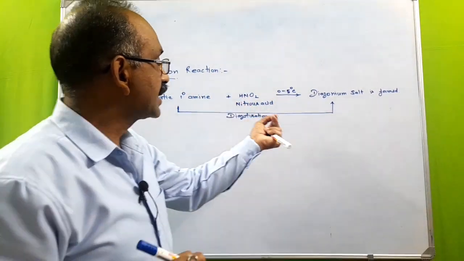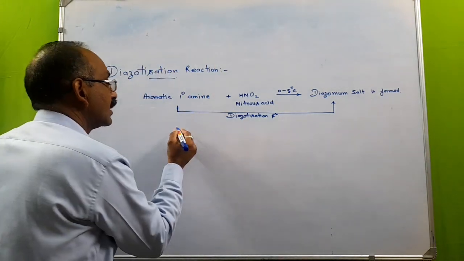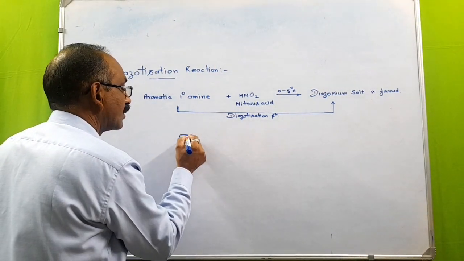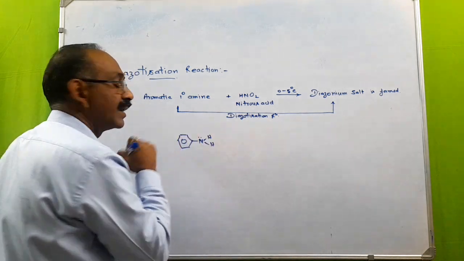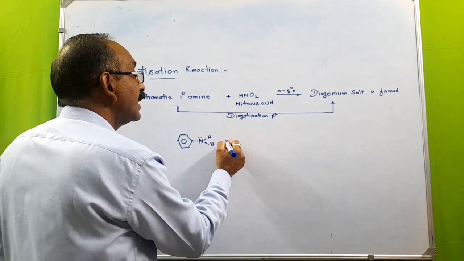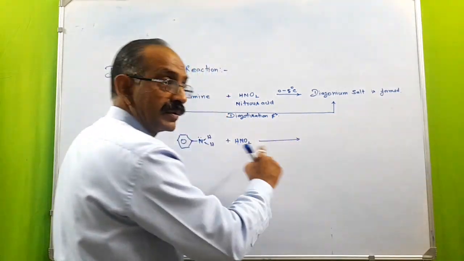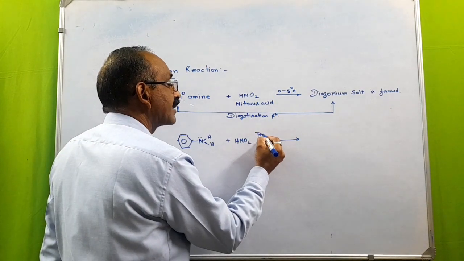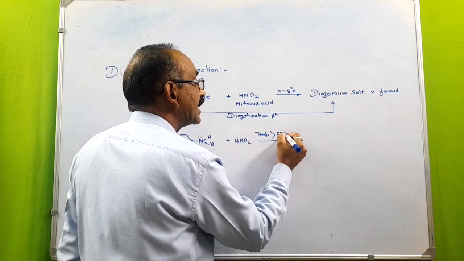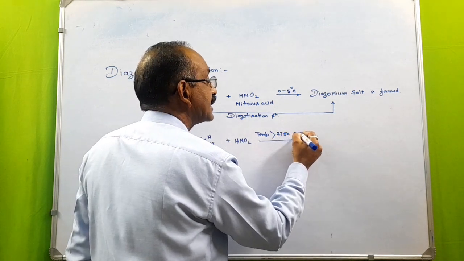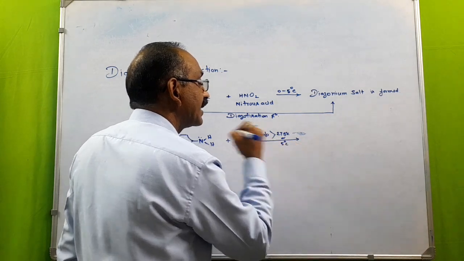If the temperature exceeds 5 degrees Celsius, let this one be your aromatic primary amine, and this reacts with HNO2, but now the reaction occurs at temperature greater than 278 Kelvin, or 5 degrees Celsius.